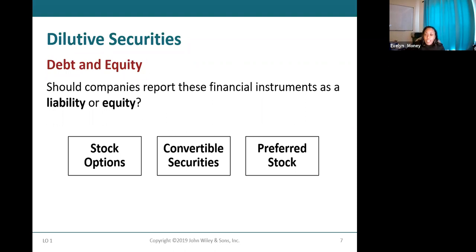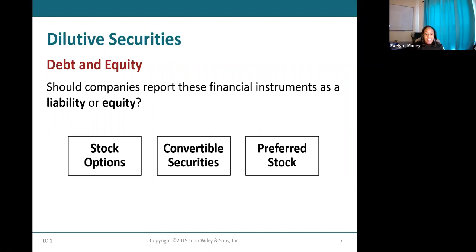There are certain types of securities or instruments that we could have as a corporation that could potentially water down our earnings per share figure. And it could water down our earnings per share figure because ultimately, if something happens in the future with this type of security, it can increase the number of shares that are outstanding. Something like convertible stock.